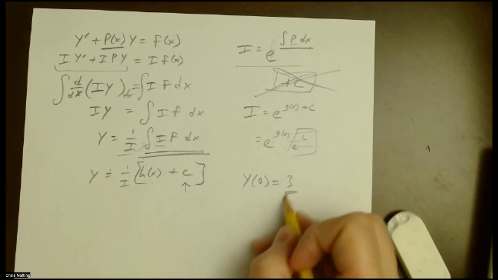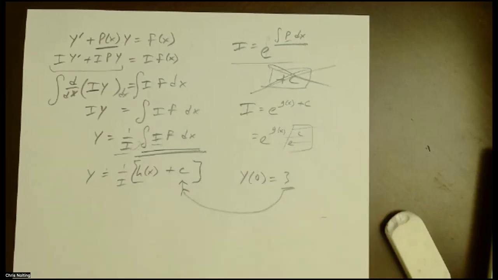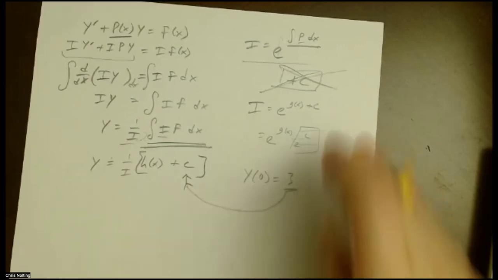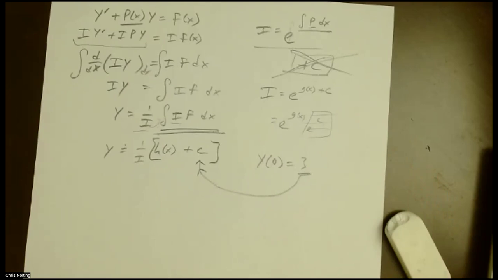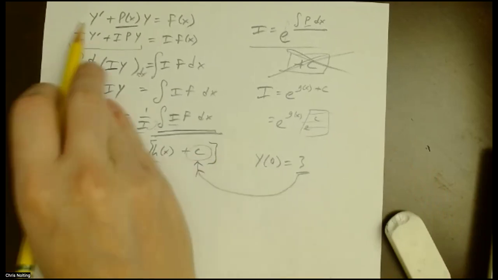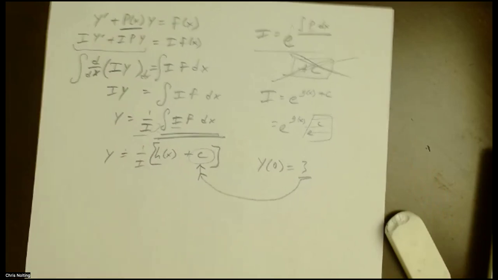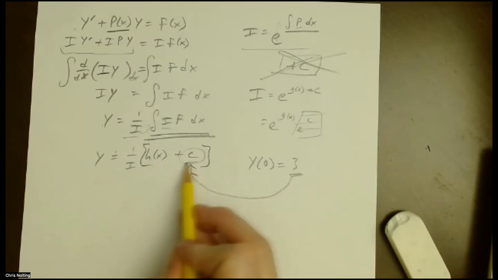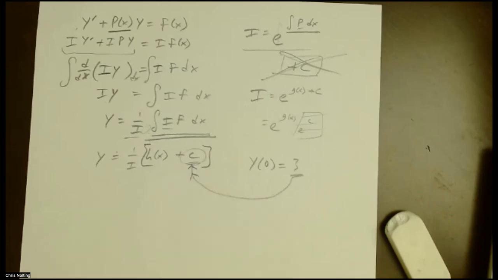And this will help determine what that c is to find a specific or particular solution to our differential equation. This is our arbitrary constant for our first order linear differential equation. We know for a first order equation, we should have one arbitrary constant, and this is where it's going to come into play right there.